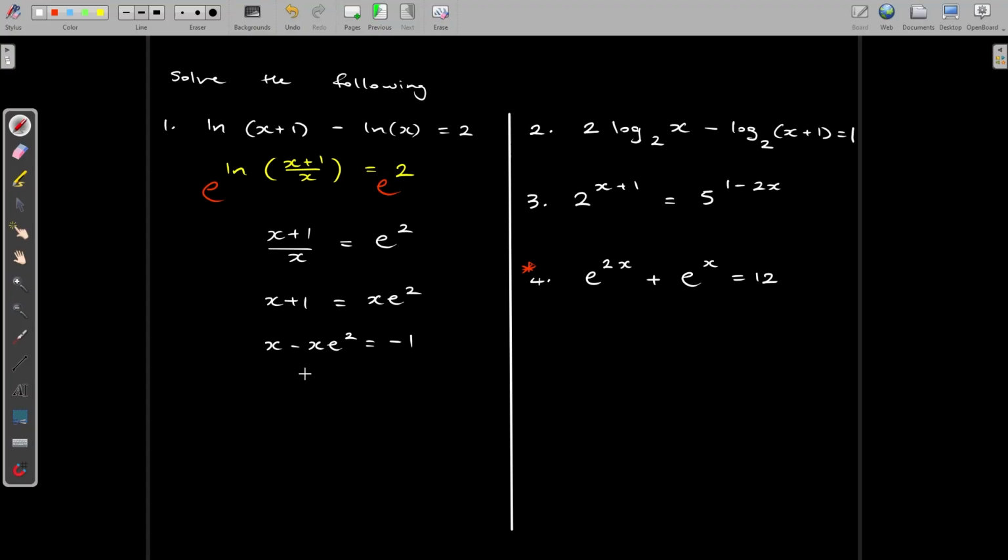Wait, sir, couldn't you just divide the x plus 1 by the x and have e squared on one side? Like, divide x. That would get us back to the same thing.